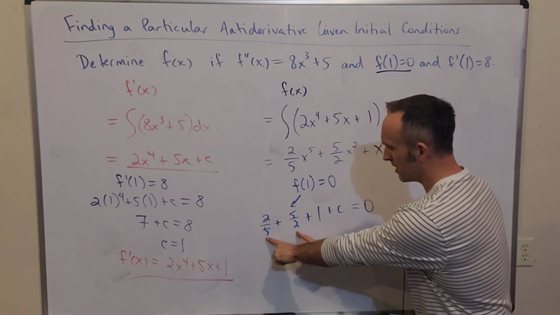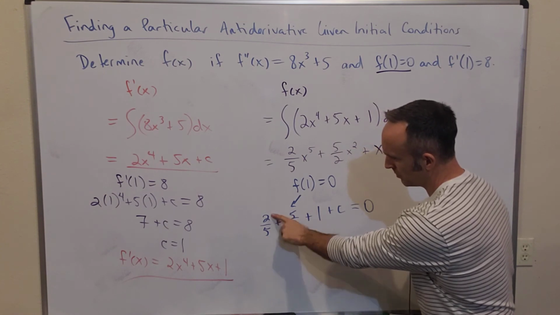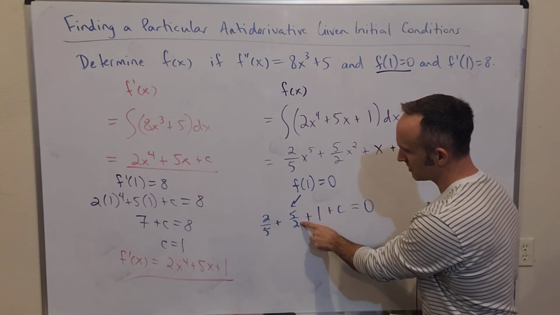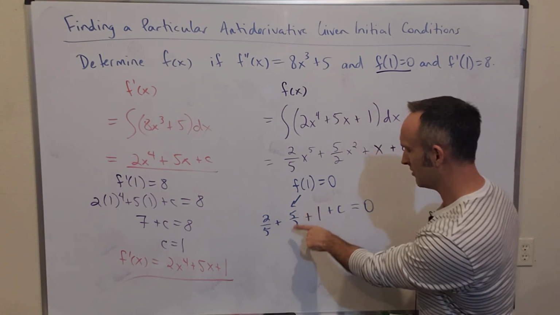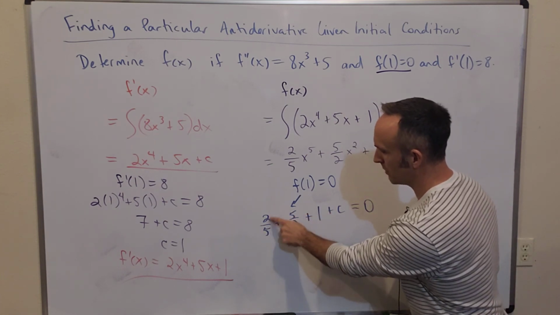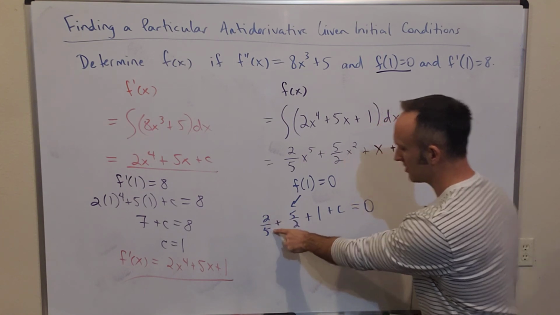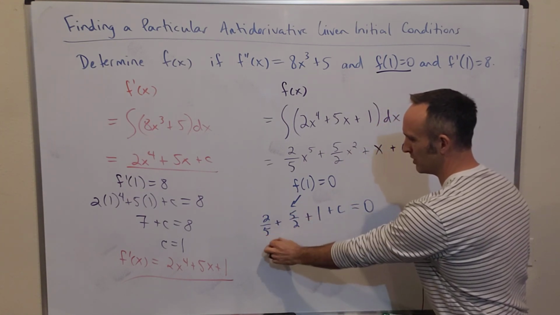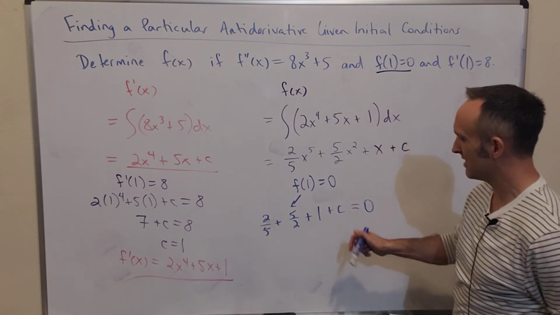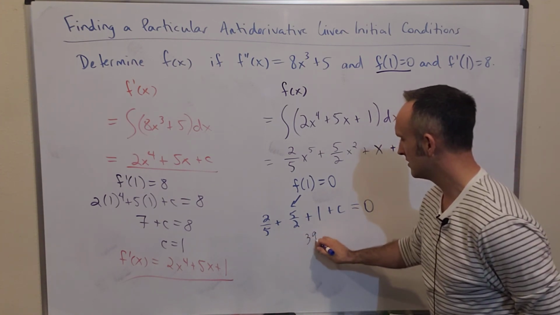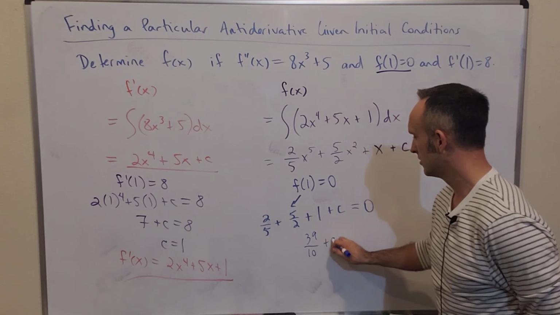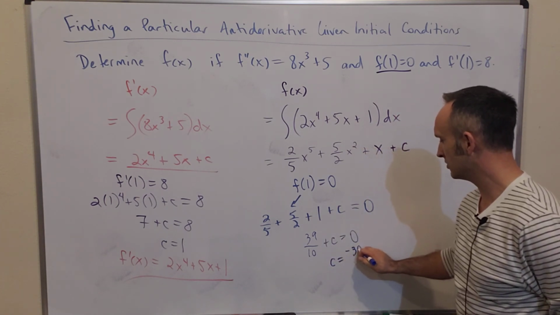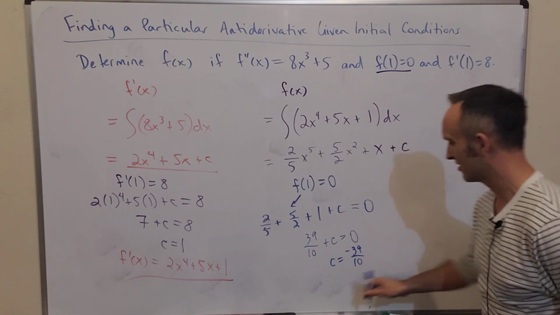So getting a common denominator here, multiplying top and bottom by 2. So I get 4/10 plus 25/10, that's 29/10 between those two. Plus 10/10 is 39/10. Plus c equals 0, and subtracting over, I get c equals negative 39/10.